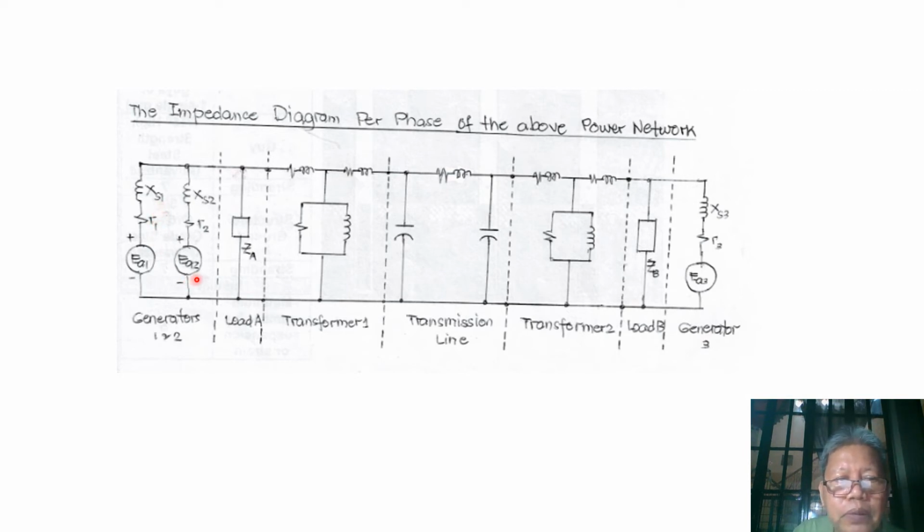Similarly for generator 2, we have generated voltage EA2 with the polarity positive here and negative, and then we have its small resistance R2 and its synchronous reactance XS2. Now these two generators are connected at the bus.